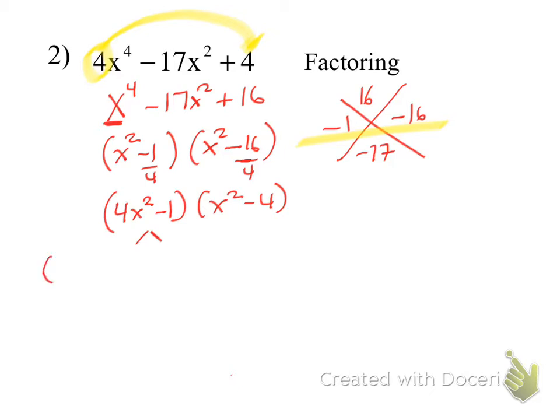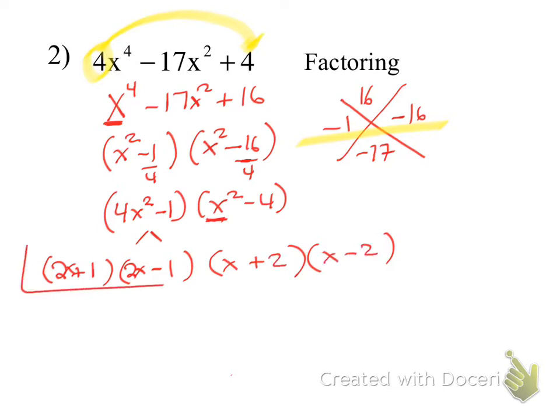So the first one is going to factor. I'm going to have a plus and a minus: 2x plus 1, 2x minus 1. The next one is going to be what? So all of these binomials are part of the answer. You need that whole thing.